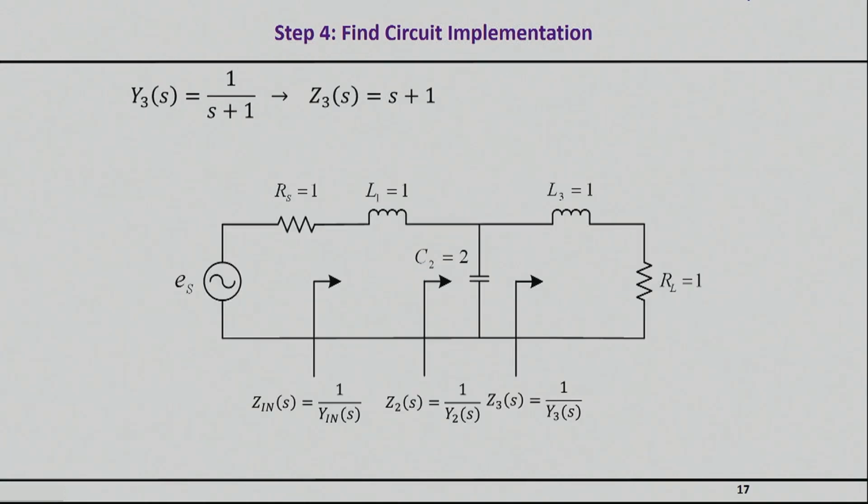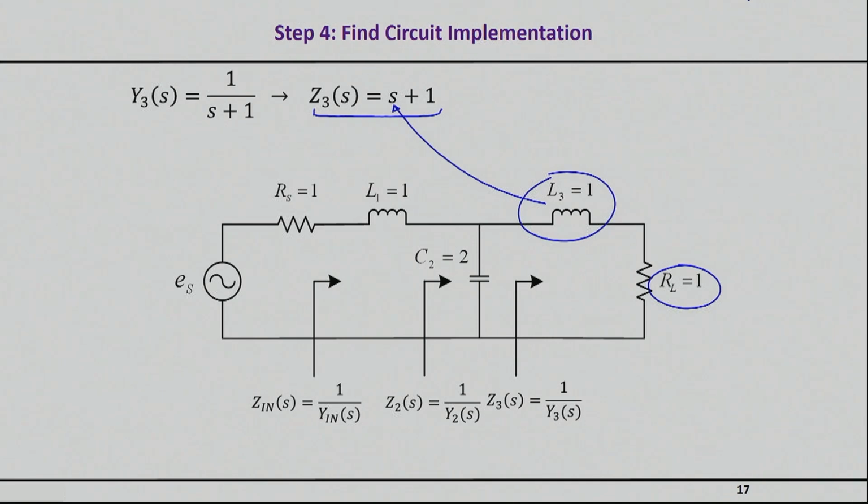So indeed, here's the final network realization. I implemented this last part of Z3 with my series inductance that implements this one, and my load, which will implement this one right here.